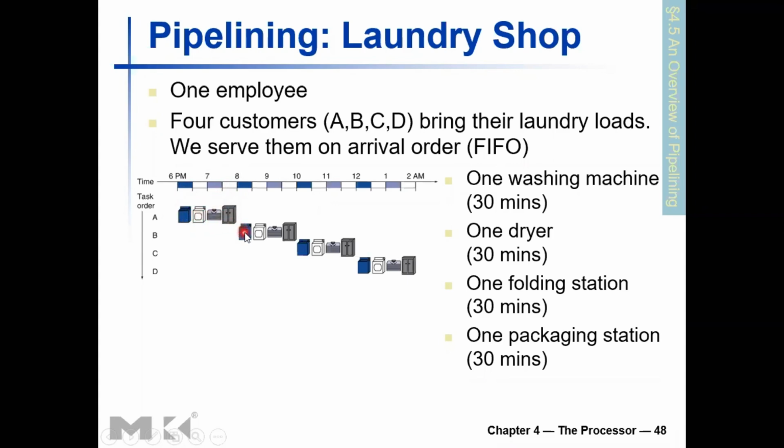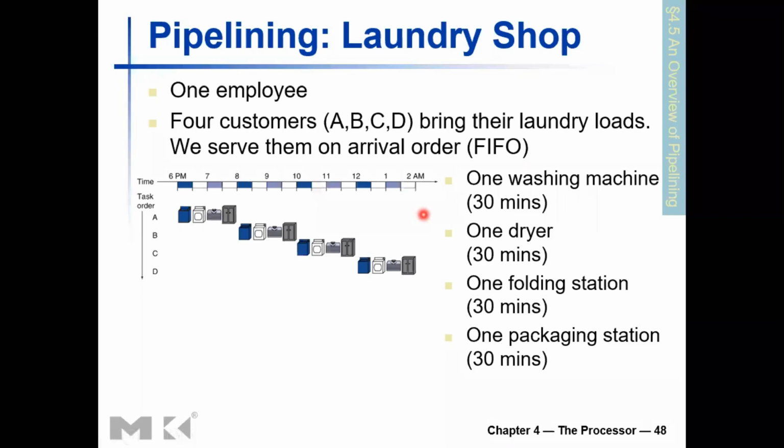Then our employee can start on customer B, and we spend another 2 hours for customer B, another 2 hours for customer C, and another 2 hours for customer D. So by the time we can close the shop, it's 2 a.m. in the morning, right? So 2 hours per customer to complete the entire work.